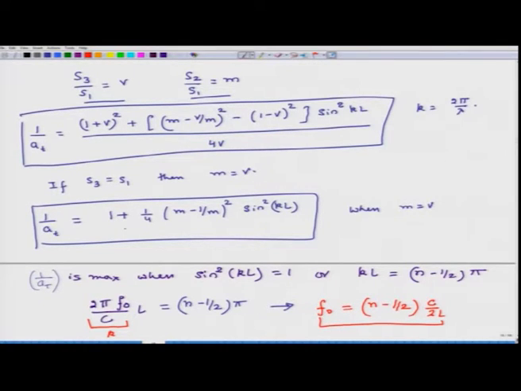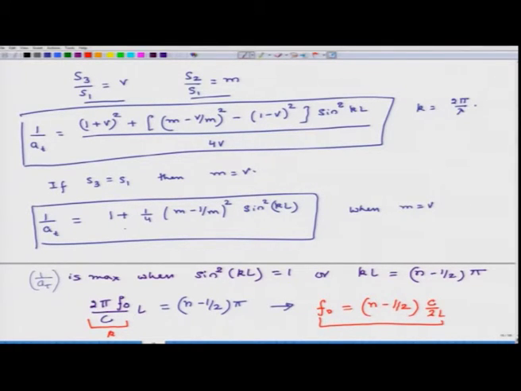So, now what we are going to do is show you how this transmission coefficient changes as I change the parameter L, or actually the normalized parameter kL. Okay.